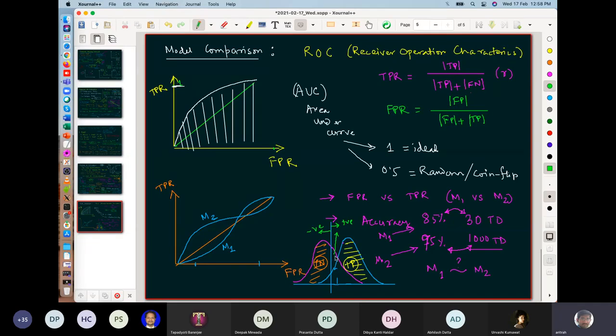In between this, according to your class boundary, it is saying positive, but it is actually in the negative distribution wise. So this particular thing is false positive and this particular portion is false negative.